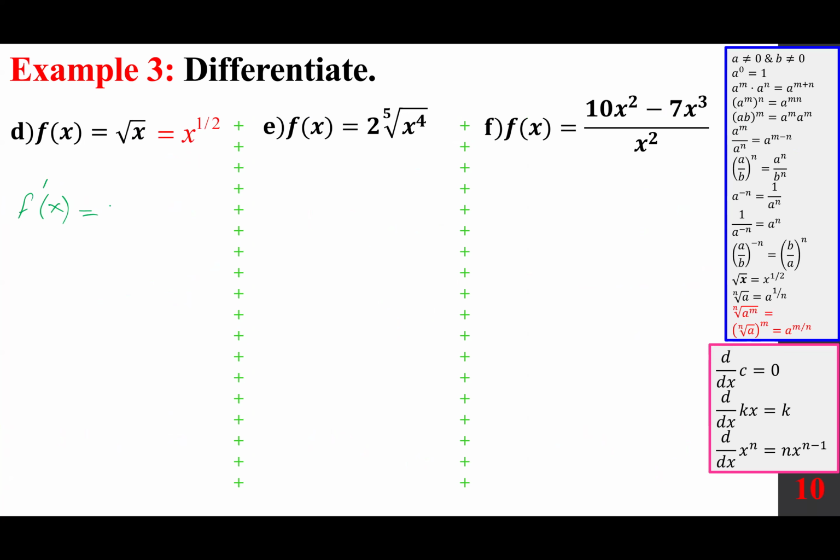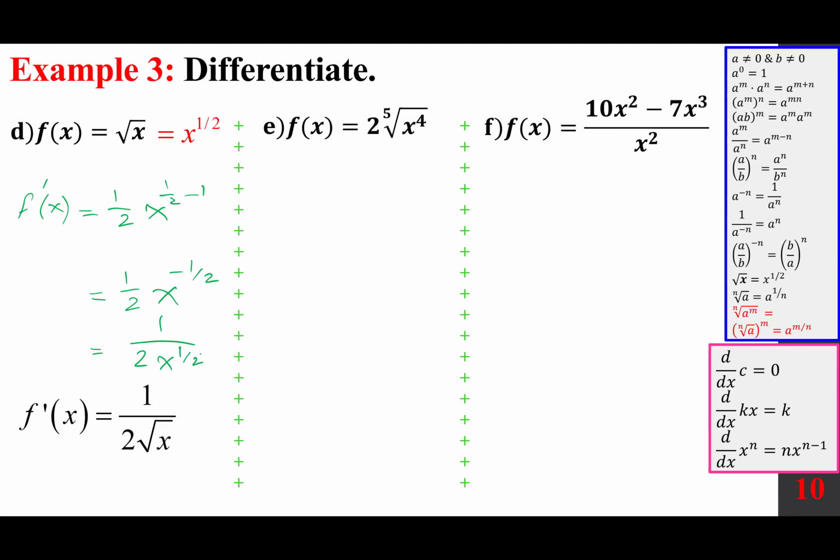F prime is 1/2 x to the power of 1/2 minus 1, which is 1/2 x to the power of -1/2, which is 1 over 2 x to the power of 1/2, or 1 over 2 square root of x. Again, just one step of calculus.